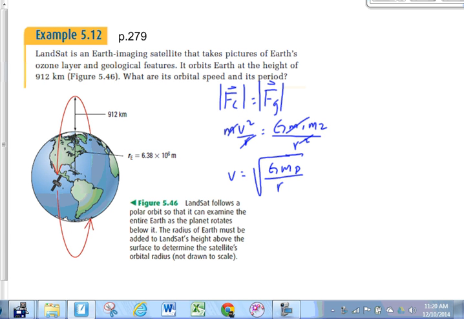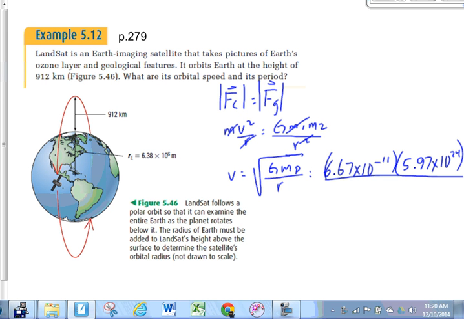Let's figure this out. 6.67 times 10 to the minus 11 times the mass of the producer, which is 5.97 times 10 to the 24. It's on your data sheet. It's also on that table that you had from yesterday or the day before. R, what's R? 912,000, because we got to convert it to meters.